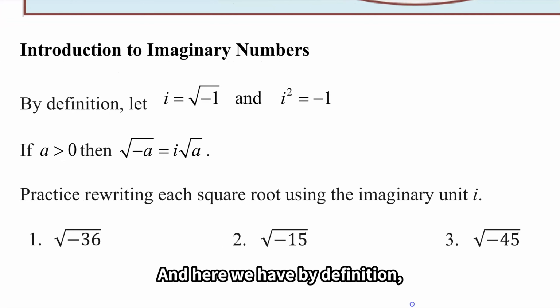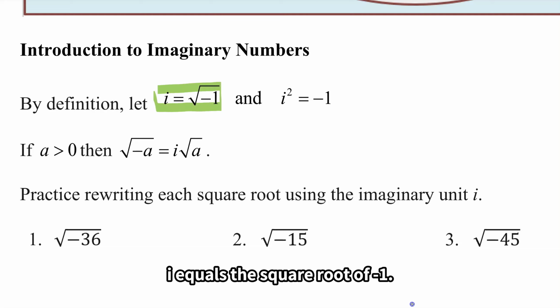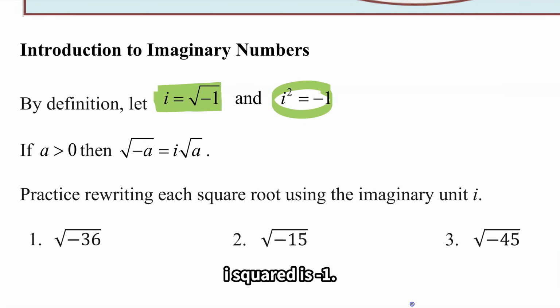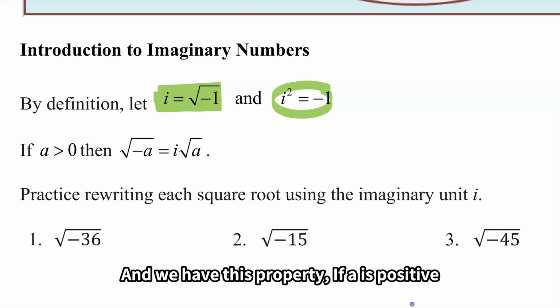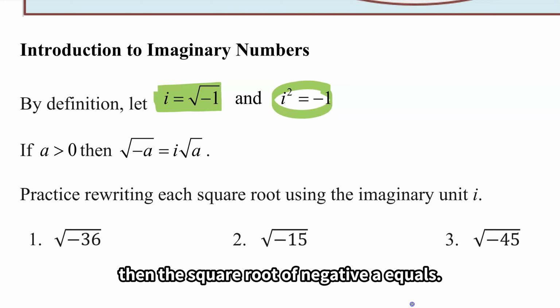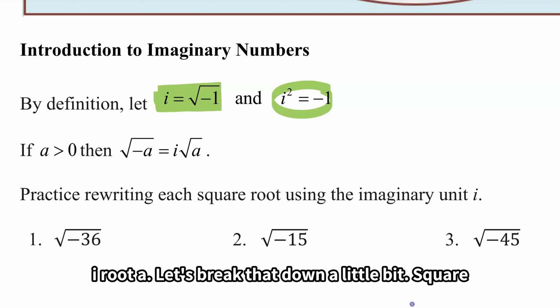And here we have, by definition, i is the imaginary unit. i equals the square root of -1. So if we square both sides, i squared is -1. And we have this property: if a is positive, then the square root of negative a equals i root a. Let's break that down a little bit.